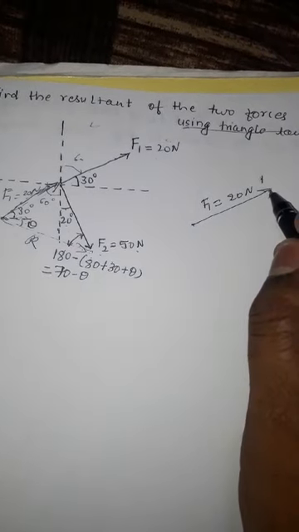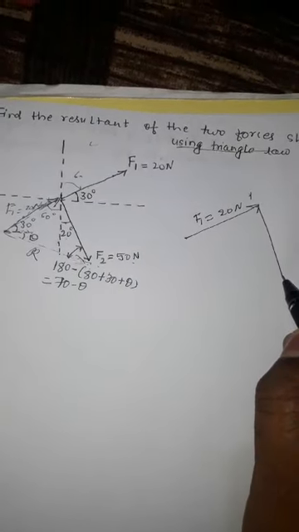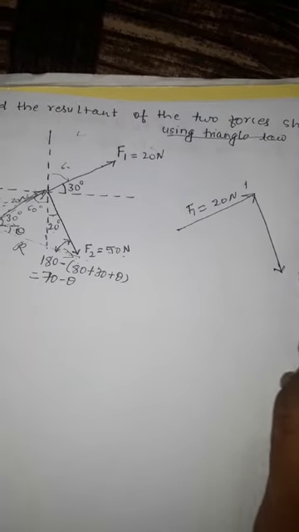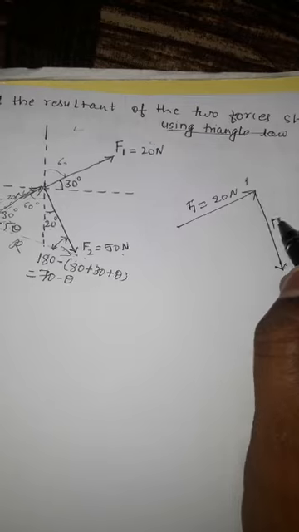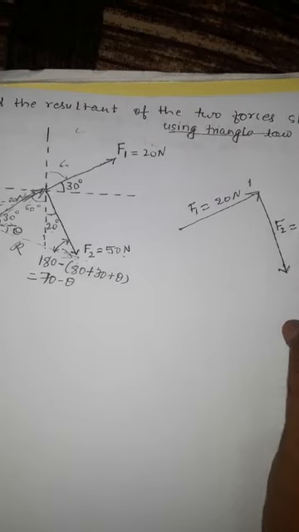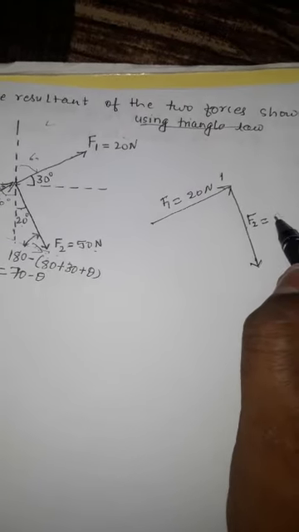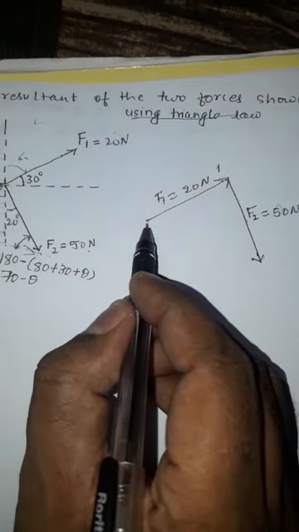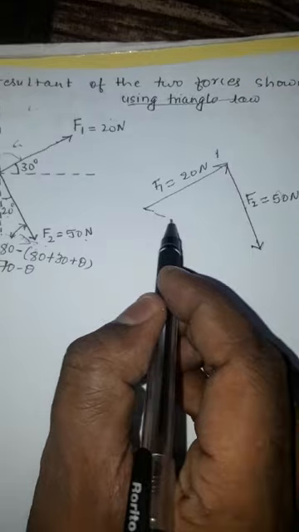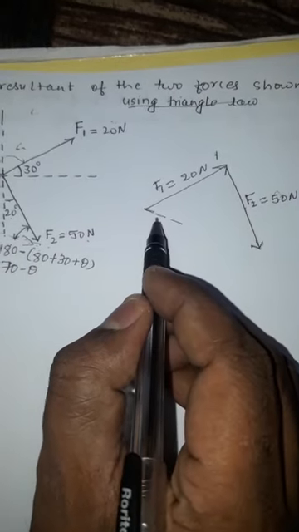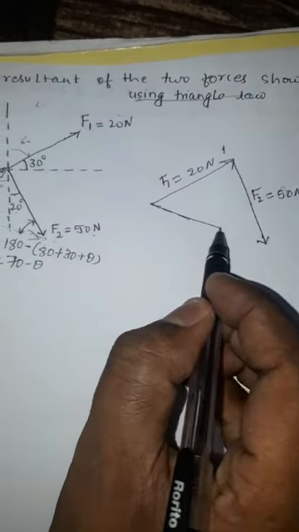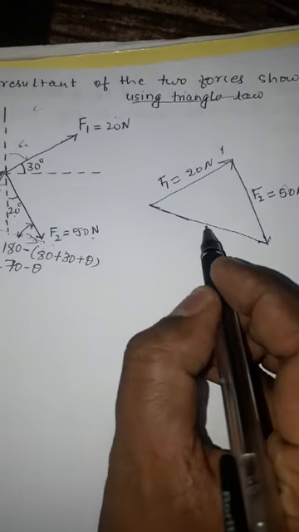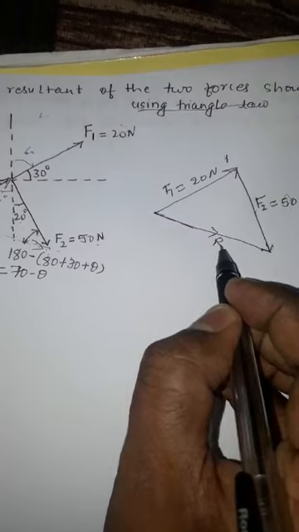This is a force F2, which is nothing but equal to 50 Newton. So this closing side will represent the resultant. This will represent the resultant.